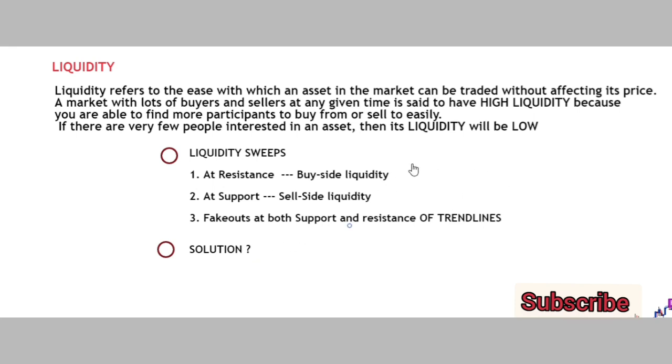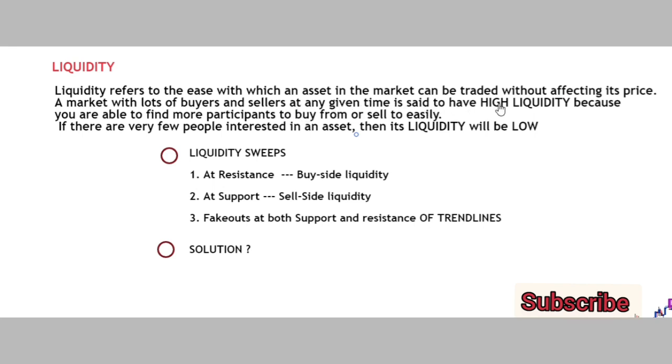So first of all, we have to define what liquidity is in forex trading. Liquidity refers to the ease with which an asset can be traded. An asset can be a forex pair like Euro USD, GBP, JPY. That is an asset, the pair that you are trading if you're a forex trader. So liquidity refers to the ease with which you trade that asset in the market without affecting its price much.